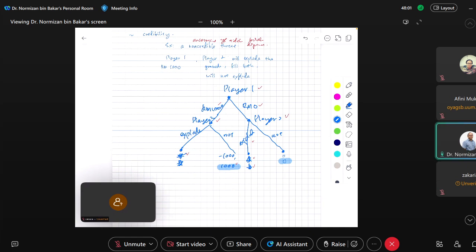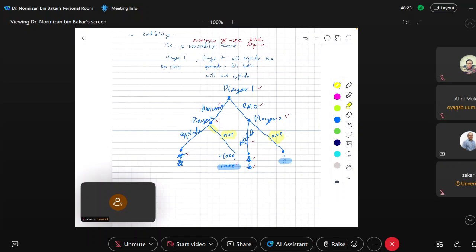So player 1 can anticipate that player 2 will not explode the grenade, because he knows that for player 2 the best is not to exploit.